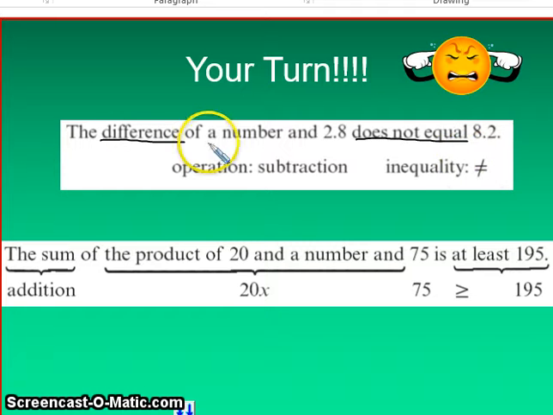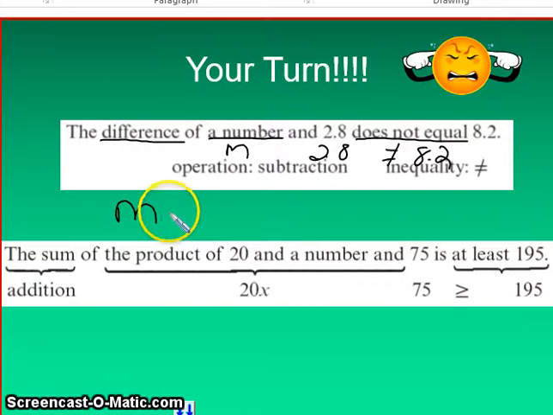So the difference of a number, which we're going to call m, and 2.8 does not equal 8.2. So to translate that into an algebraic expression, we'd have the number, and then since we're subtracting, we'd have minus 2.8, and then we would say it does not equal 8.2.